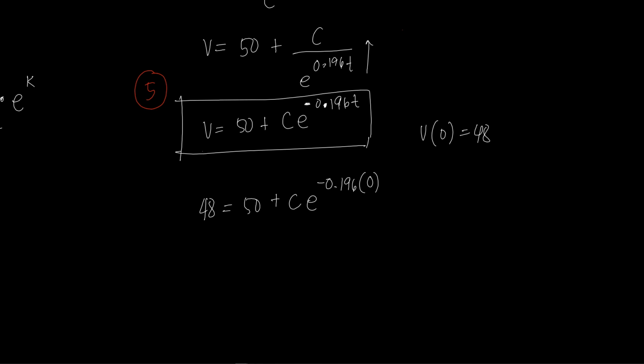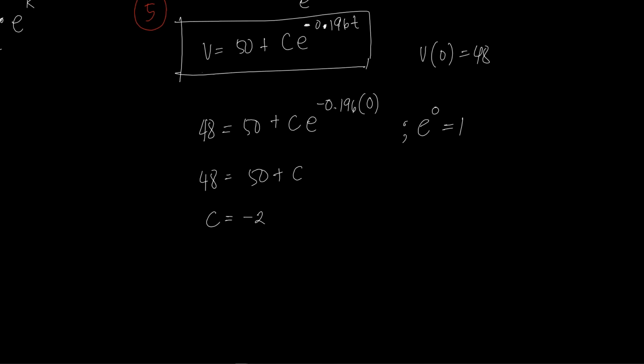Okay, so 48 is equal to 50 plus, kani siya, mahimo na siya og 1. Okay, e raised to the power of 0 is equal to 1. Okay, remember na siya. So, mahimo na lang na siya og C. 48 is equal to 50 plus C. Then, solving for C, we have C is equal to negative 2.